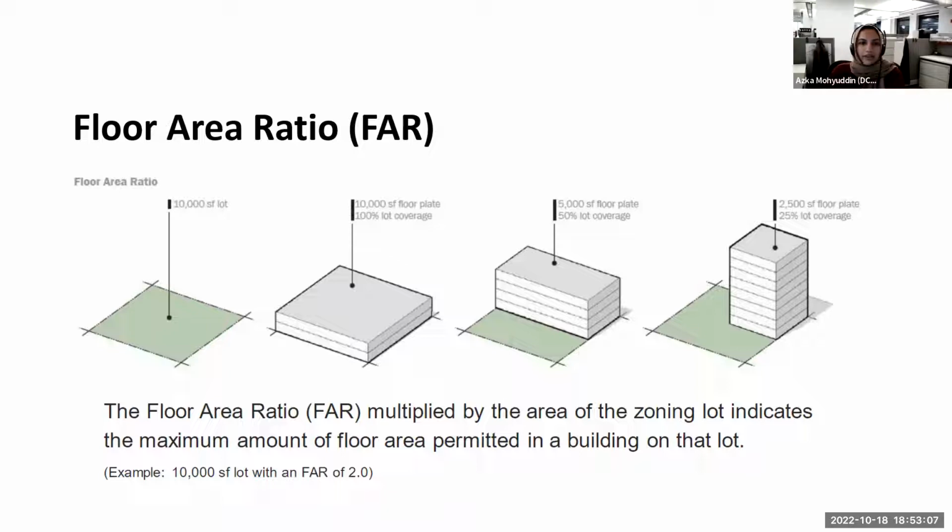But essentially, the second image here shows a 2 FAR building that covers the entire lot, which has the same floor area as the last building, which shows a much taller building, but it's the same amount of 10,000 square feet, just divided up in a different way. It covers 25% of the lot, and that gets you the height, but it's still the same amount of floor area.